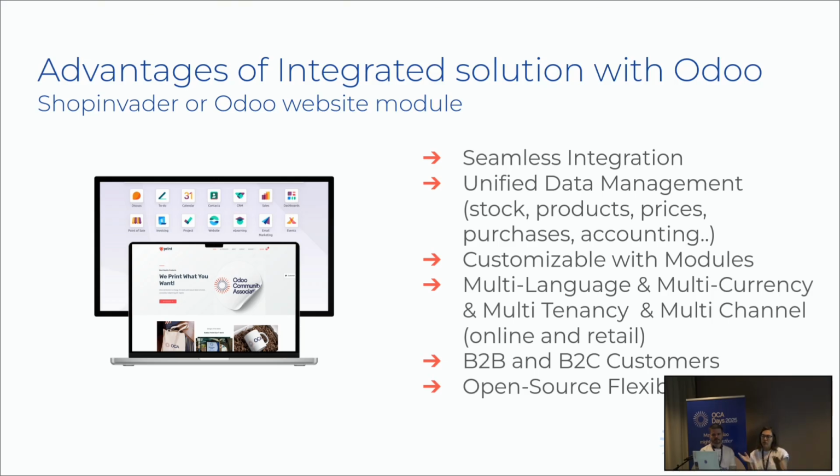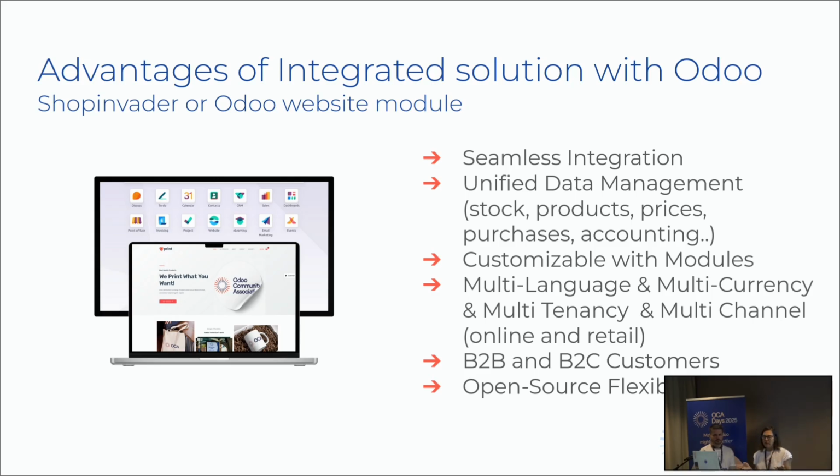It's customizable with modules, so if you need specific integrations or specific functionality, you can add modules for it. Then both systems let you create a multi-language website, a multi-currency website, even a multi-tenancy website, which means having multiple websites at the same time on the same Odoo instance.